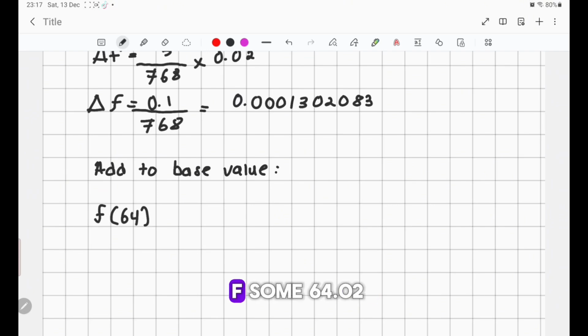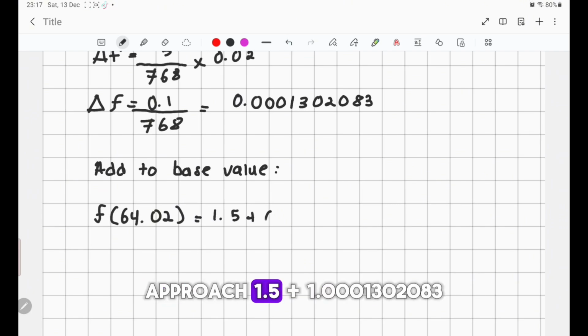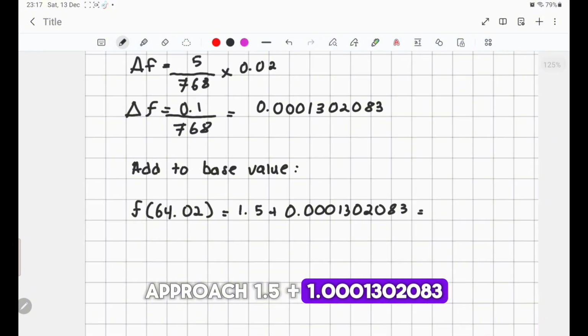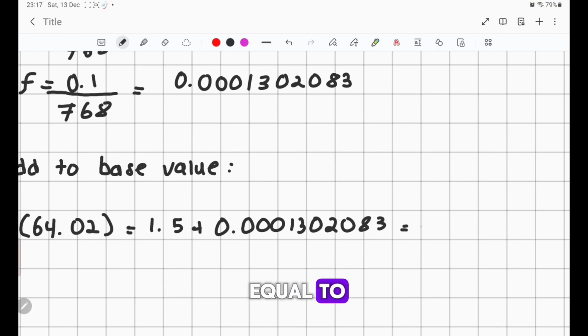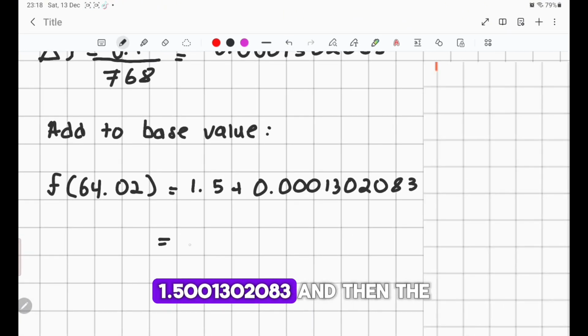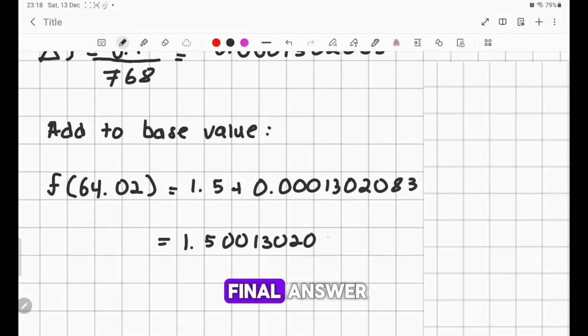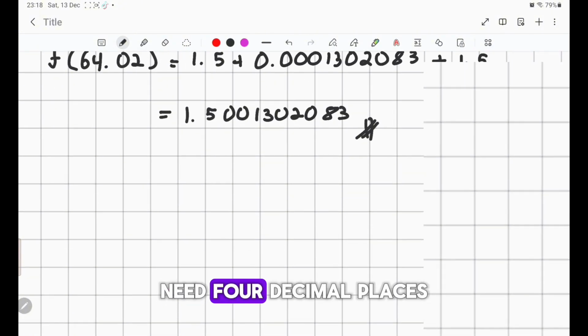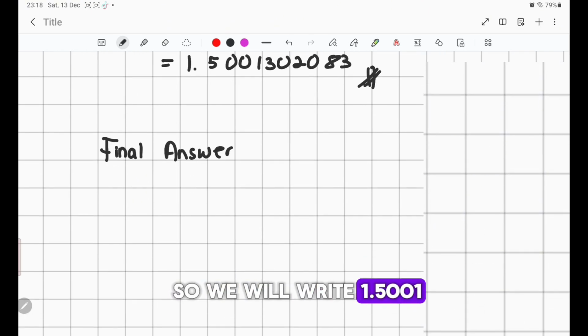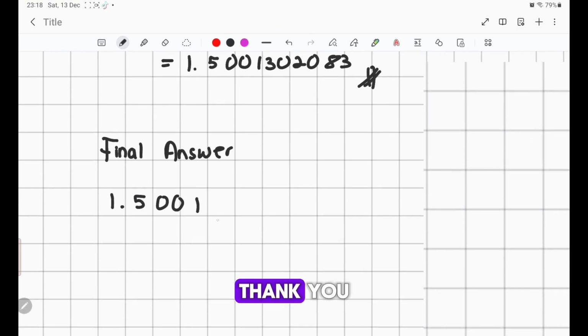So we will get f of 64.02 approximately 1.5 plus 0.000130283, equal to 1.5001302083. And then the final answer needs 4 decimal places, so we will write 1.5001. Thank you.